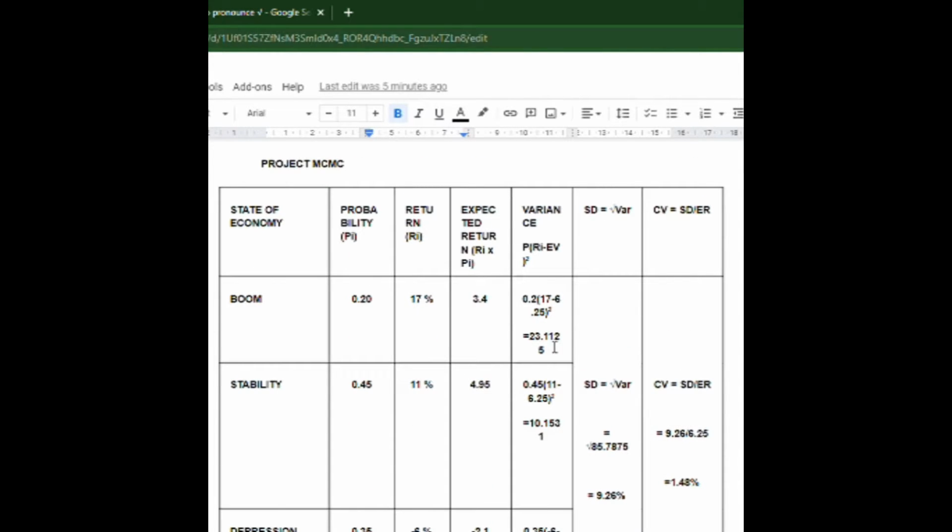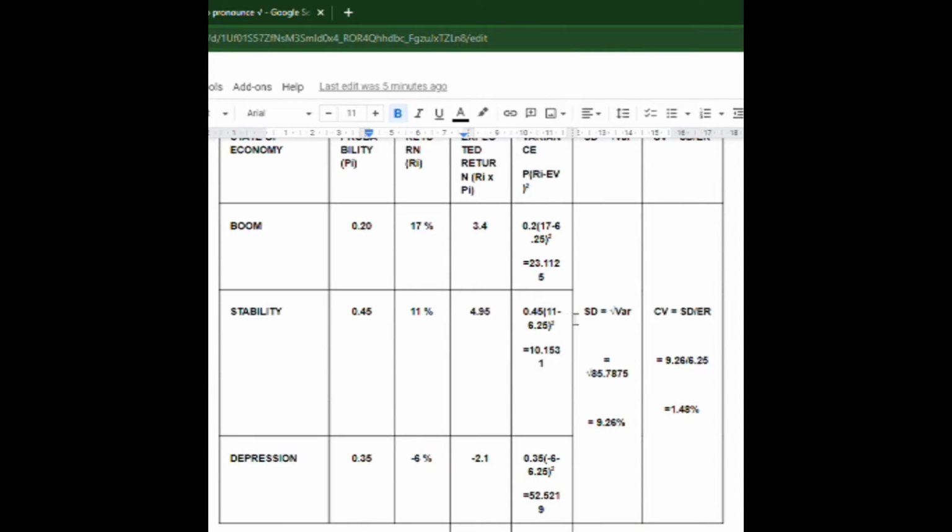After that, variance. Because we want to find the standard deviation, we have to do the variance first. So the variance is probability, bracket, return minus EV, close bracket, power of 2.